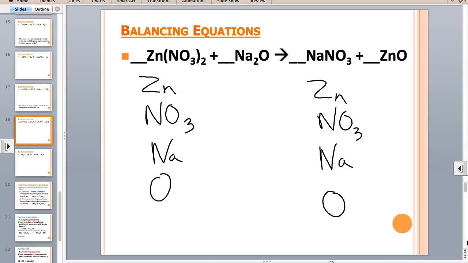So basically, if you have a big one and it breaks into little ones, it's decomposition. If you have two little ones and you make a big one, it's synthesis.